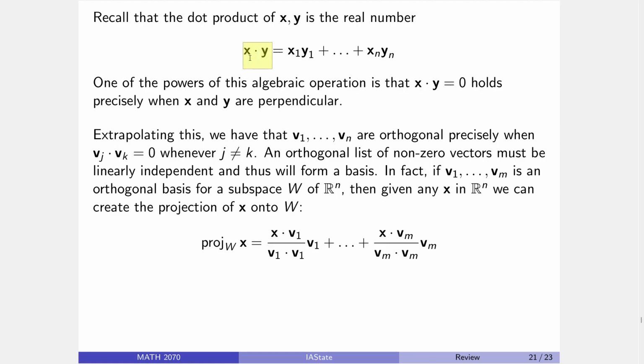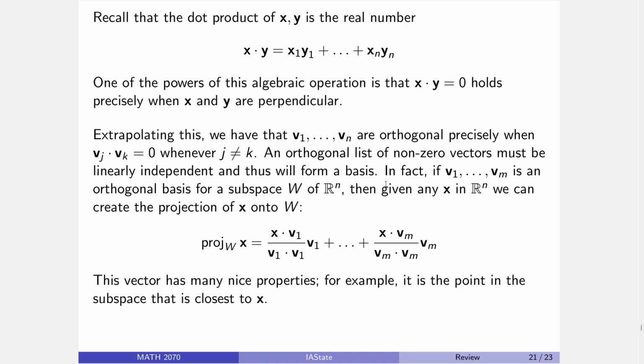Again, note dot products are scalars, not vectors. And as we saw, this vector has a boatload of incredibly nice properties, and probably the big one is that it's the point in the subspace closest to the original point x. Note that if x was already in the subspace, then its projection would in fact be this linear combo.